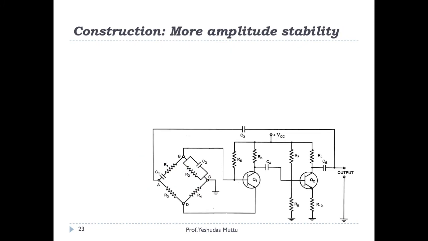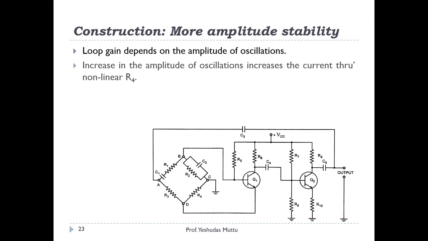What will happen? We'll just have a look. Loop gain depends on the amplitude of oscillations. If the amplitude of oscillation is increasing, more current will flow through this R4, and that will result in more negative feedback.